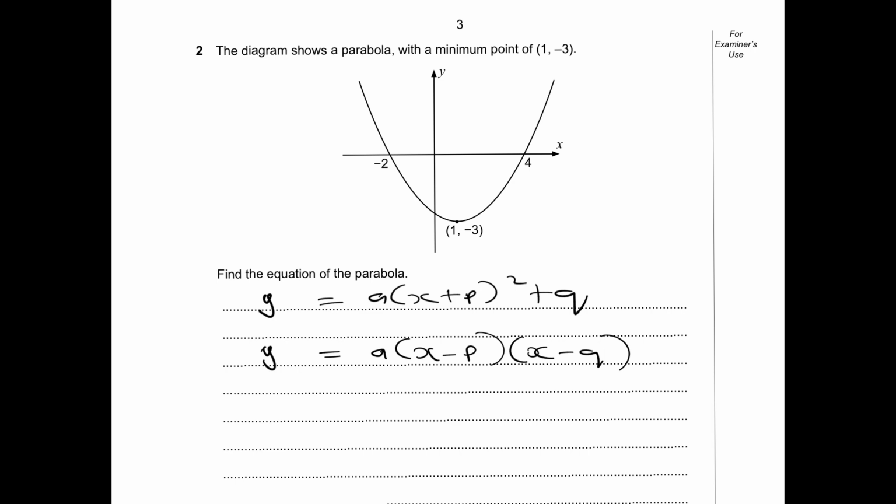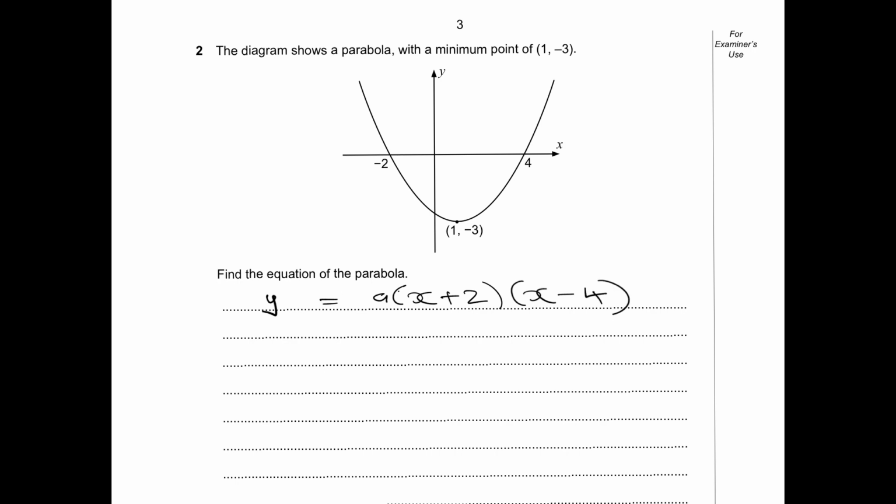All right. We have to erase there to create enough space for me. So we have y is equal to a(x minus negative 2), which becomes positive 2 because a negative minus negative 2 becomes positive 2 there, and then (x minus 4).